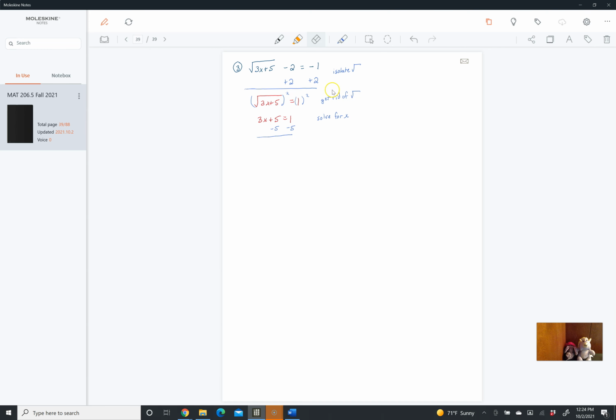That gives us 3x is equal to negative 4. And from there, we would divide both sides by 3. Giving us x is equal to negative 4/3.